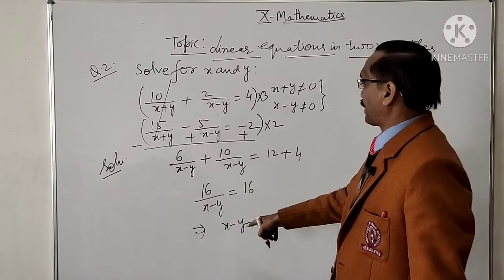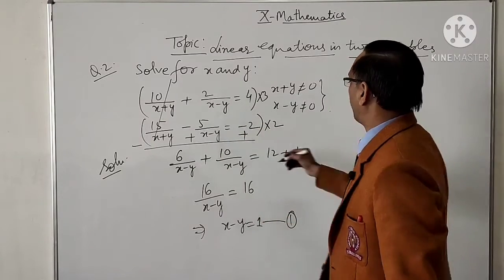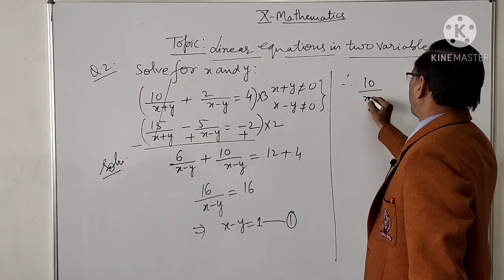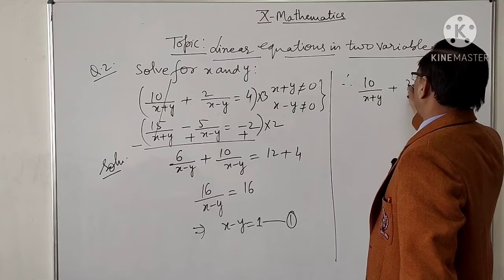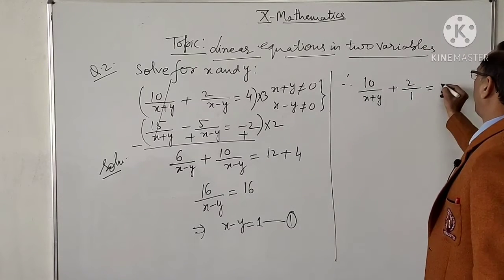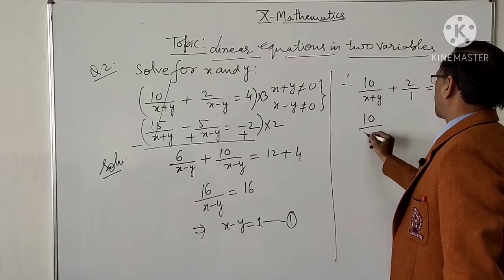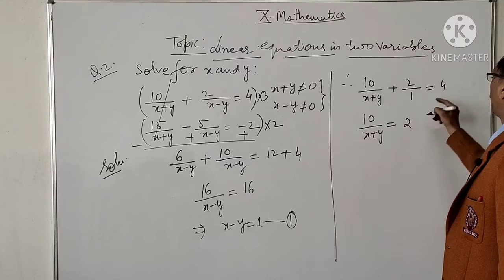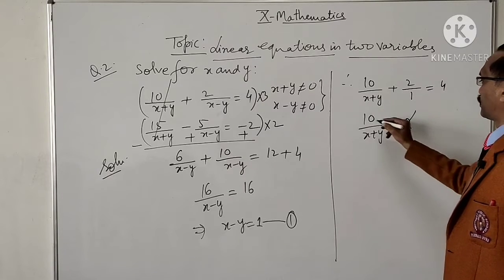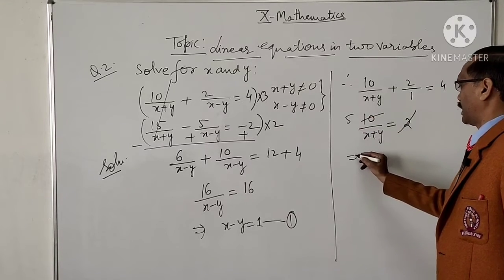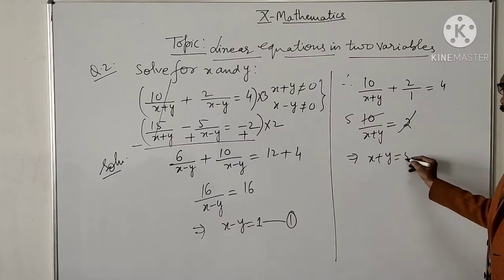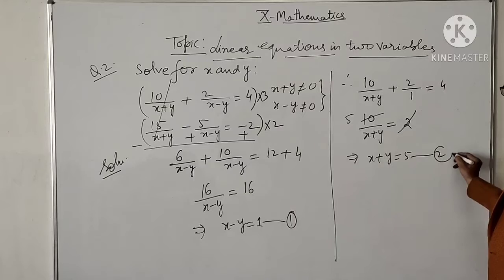Now, putting x minus y equal to 1 in the first equation, therefore, 10 upon x plus y plus 2 upon 1 equal to 4. 10 upon x plus y equal to 2, 4 minus 2 is 2. From this, we will get x plus y equal to 5. Let it be equation 2.